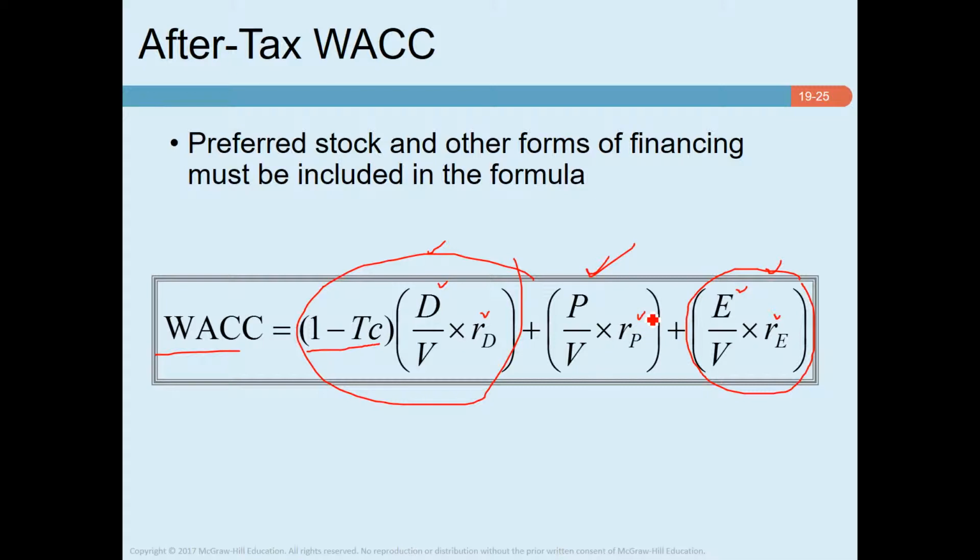The cost of preferred stock is essentially the dividend paid to the preferred stockholders, and then the proportion of preferred stock in the total capital. So this is the cost of common stock, this is the cost of preferred stock, and this is the cost of debt, and these three jointly contribute to the weighted average cost of capital. So this is how the formula changes when we have an additional component in calculating the weighted average cost of capital.